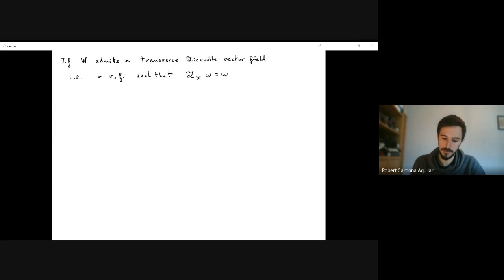So, for example, if Σ, the hypersurface in M, admits what is called a transverse Liouville vector field, this means that there is some vector field that is transverse to the hypersurface and satisfies this equation, so that it sends ω to ω by the flow.